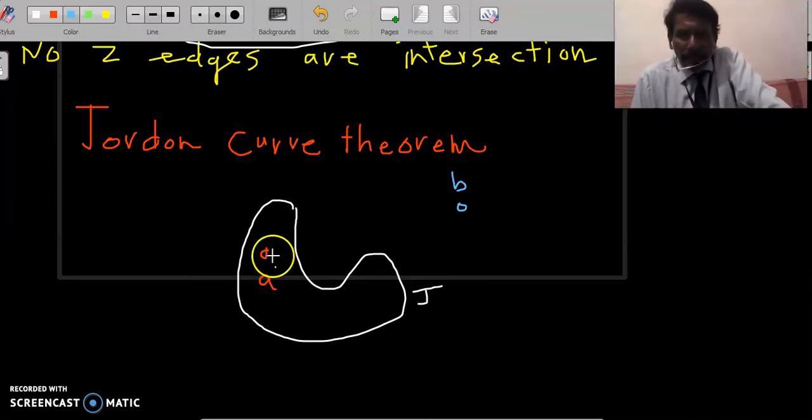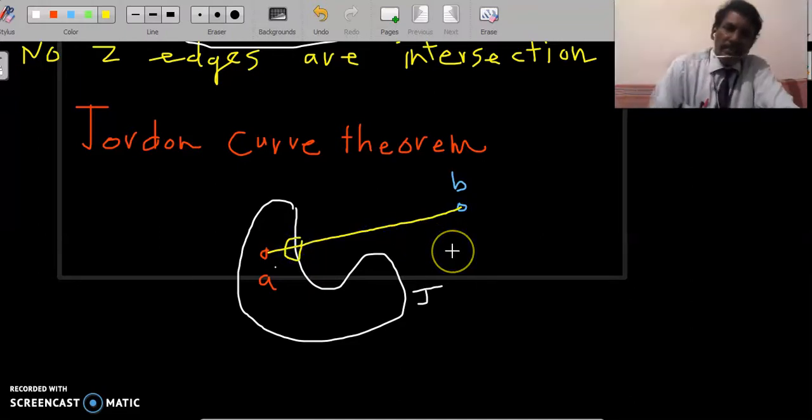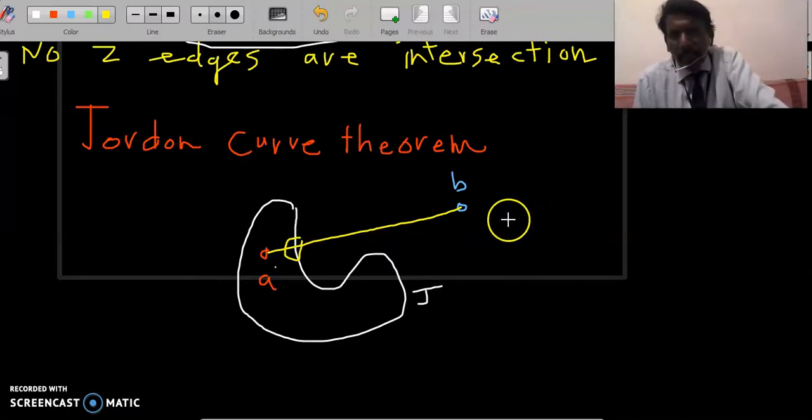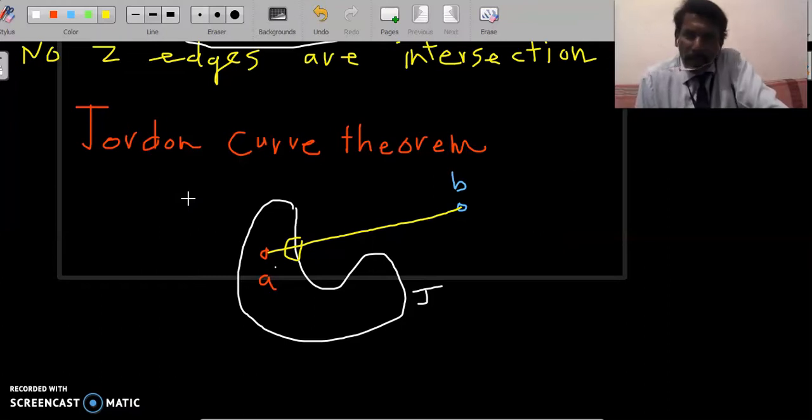I am joining these two vertices. Let me join now. Look at this. There is an intersecting point. So this is what the Jordan theorem says. I can repeat again.